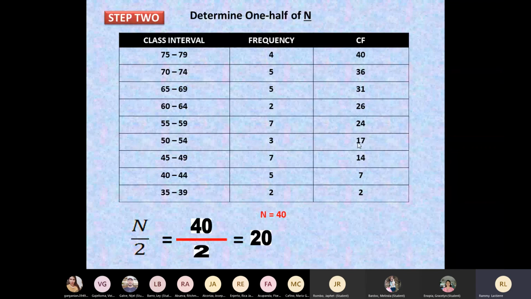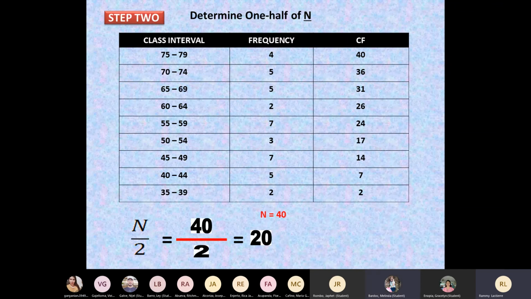So you move to the next class, which is 55 to 59, and the cumulative frequency is 24. So this is your median class.